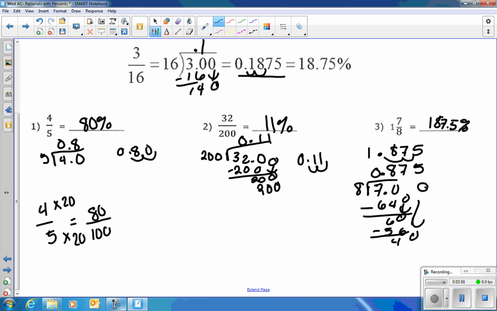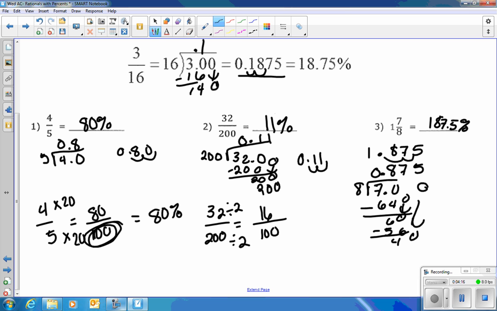All percents are out of 100. That means this number is 80%. That will also work if you can divide this number by something to make it 100. So in this case, we divide by 2, which gives us 16 out of 100.